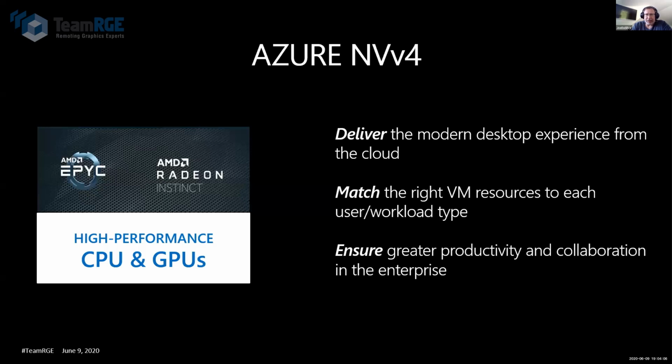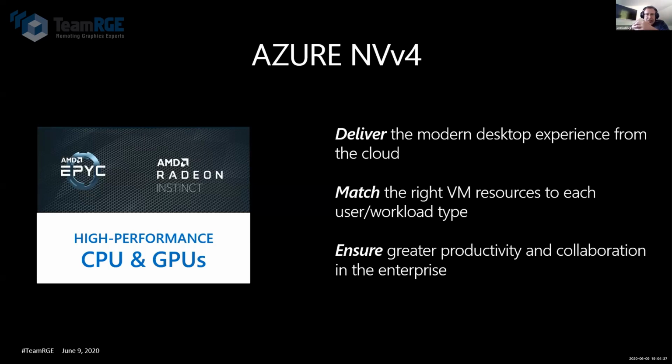Now, NVv4 with Azure has been a big focus of ours. One of the things that Microsoft and AMD like to stress is why NVv4 can work for a lot of use cases. Prior to this, with any cloud-based virtualized GPU solution, if you needed a GPU you had to get the full GPU, and that can be pricey depending on the size and instance you're getting.